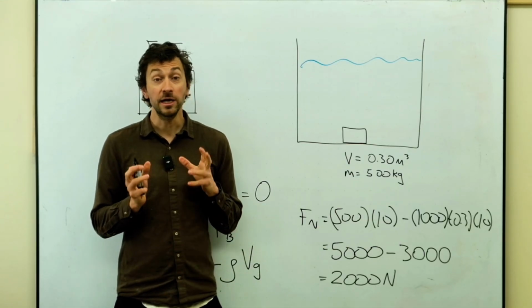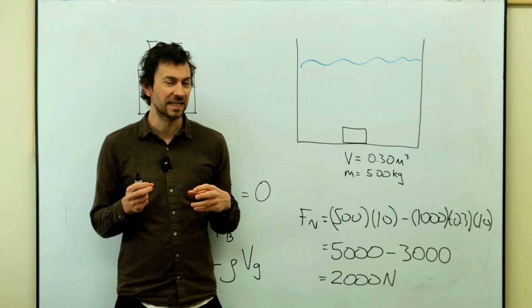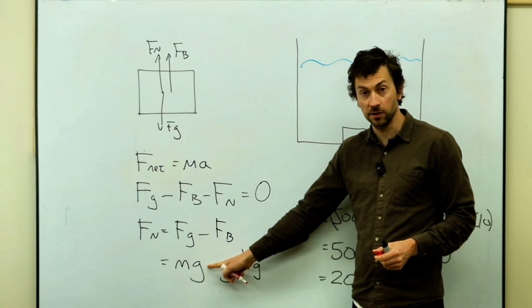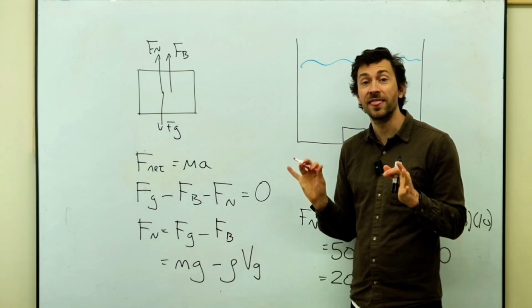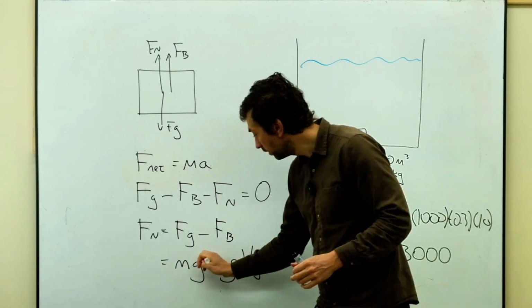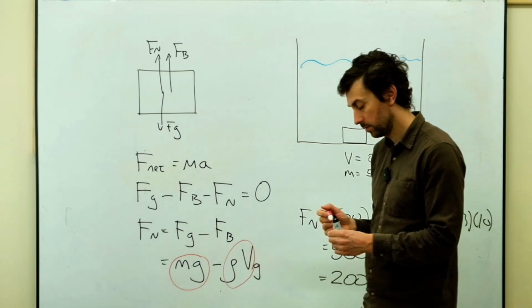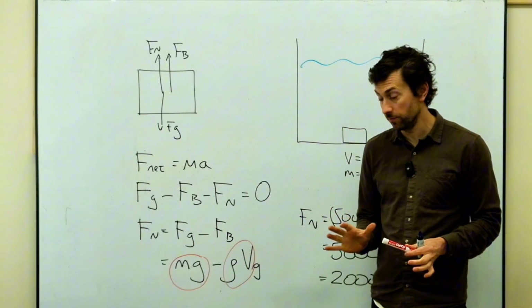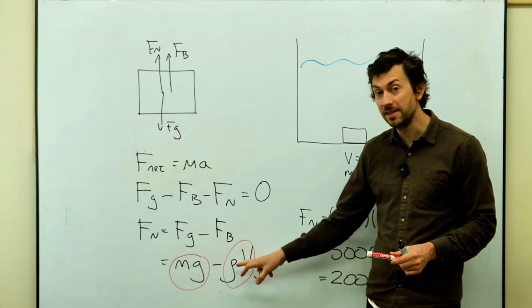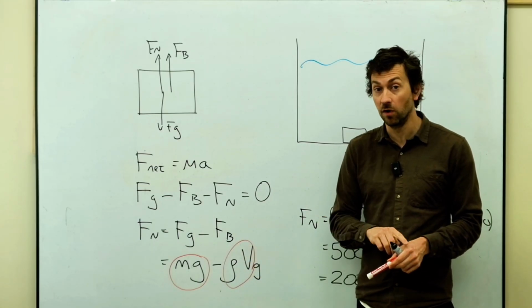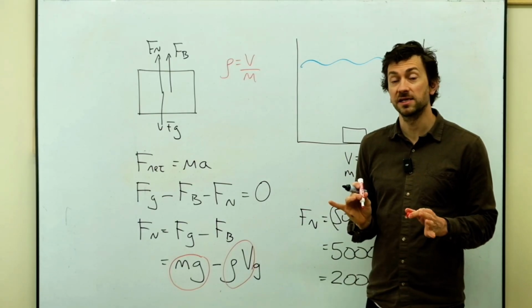Great. I just want to point out one idea that's kind of hidden inside this equation. This here, the force of gravity, that's the weight of the block. This here, rho v, that has to do with the buoyancy force. But what's this? Remember that the density formula connects density, mass, and volume. Rho is mass over volume.